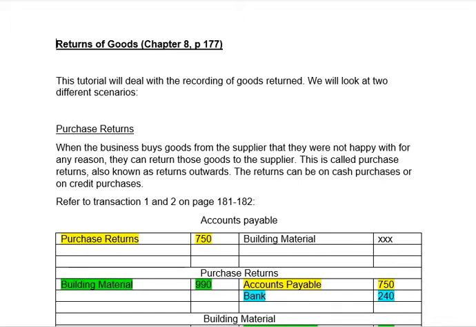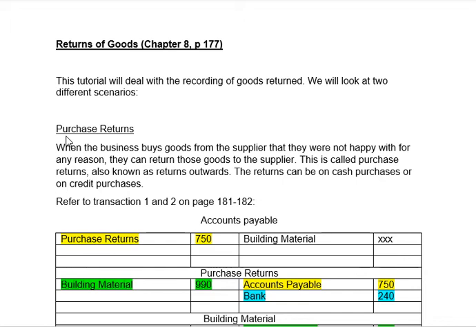The purchase returns. I'm just going to talk a little bit about purchase returns first, and then we'll do the example, and then we're going to do exactly the same with the sales returns. So the purchase returns is the section where we buy goods from the supplier, goods that we're going to use in the process of completing jobs.